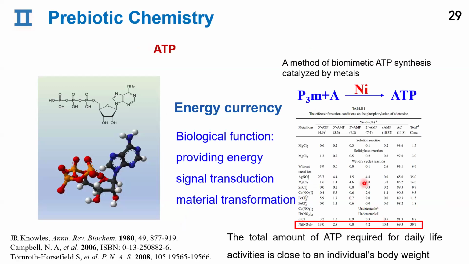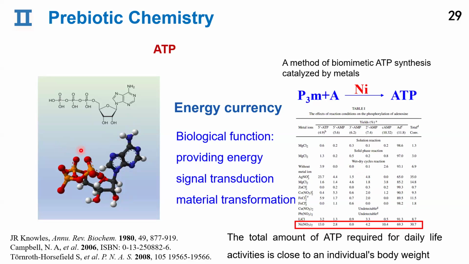Now let's talk about one of the most central molecules connecting prebiotic chemistry to modern biology, ATP. ATP is often called the energy currency of life because it stores and transfers energy within every living cell. Structurally, ATP consists of three main parts: the nitrogen base adenine, a sugar ribose, and three phosphate groups connected in a chain.